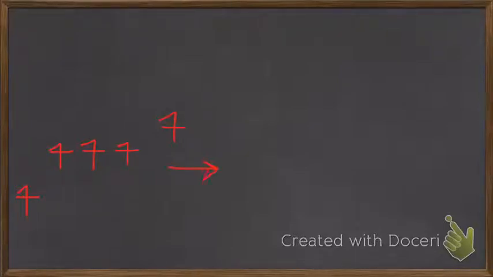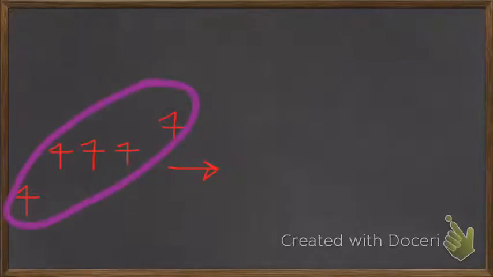Then, if we hybridize it, we are going to be hybridizing all of these, and we can get 5: 1, 2, 3, 4, 5. See, this was the S. These were the 3 P's.